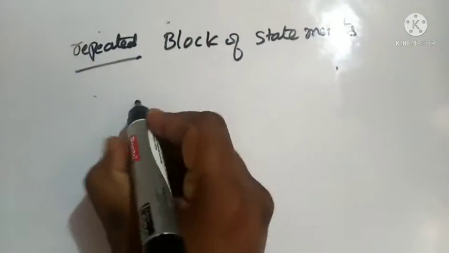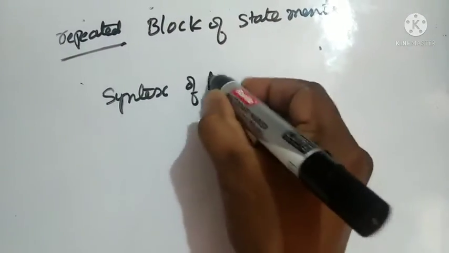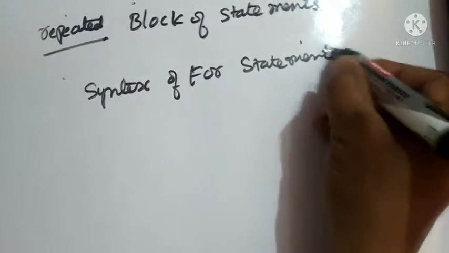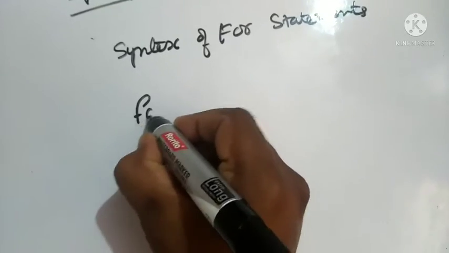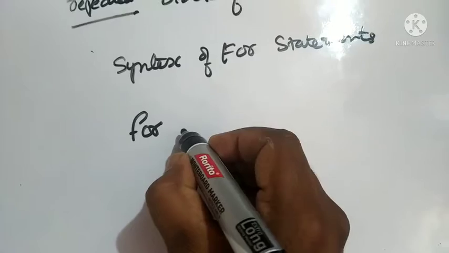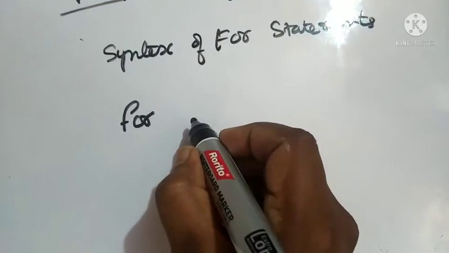The syntax of for is the keyword for, followed by a space. Here I have to write how many times I want to repeat the block.